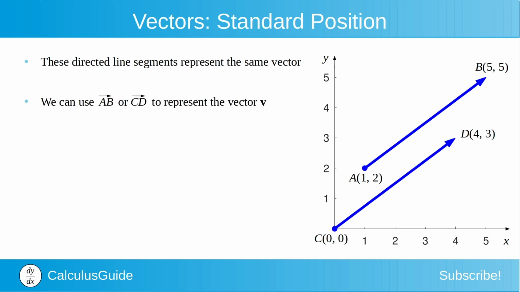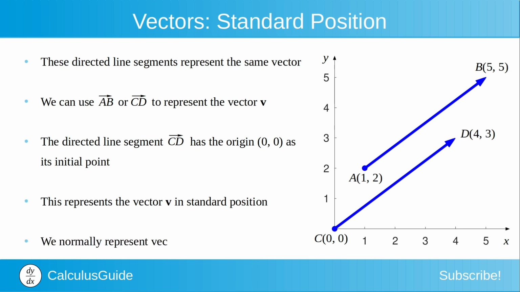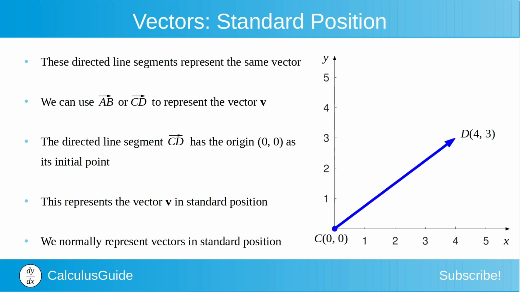We can use AB or CD to represent the vector v. The directed line segment CD has the origin 0, 0 as its initial point. This represents the vector v in standard position. We normally represent vectors in standard position.